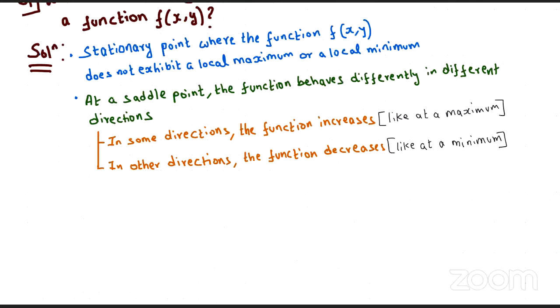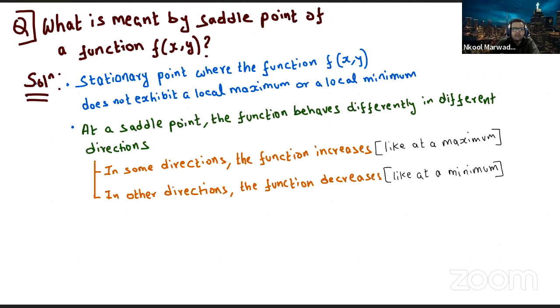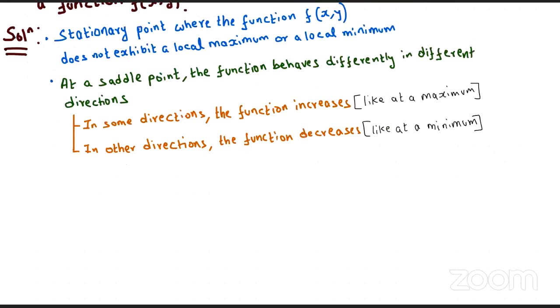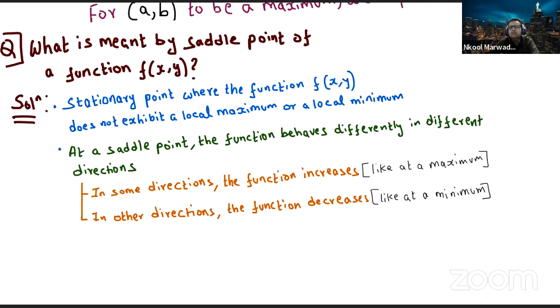Now we have to give one more point to get 3 marks, because now we are eligible for 2 marks, since we have written 2 points, or 1.5 marks. Until now we haven't written the mathematical condition, that is, when the point will be a saddle point.